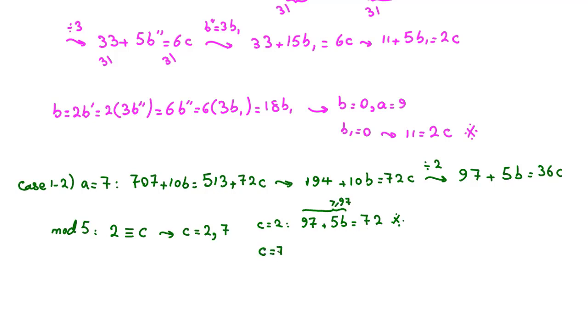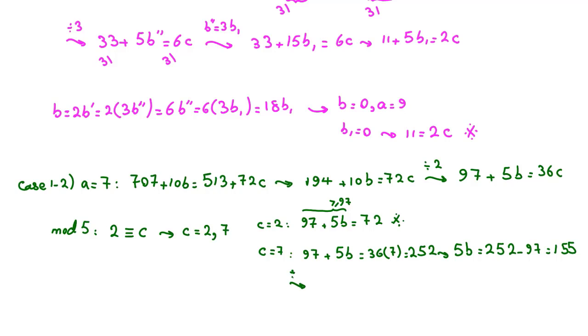Now let's check c = 7. So it will be 97 plus 5b equals 36 times 7. 7 times 6 is 42, we carry 4. 7 times 3 is 21 plus 4, 25. Now we conclude 5b equals 252 minus 97, which is 155.